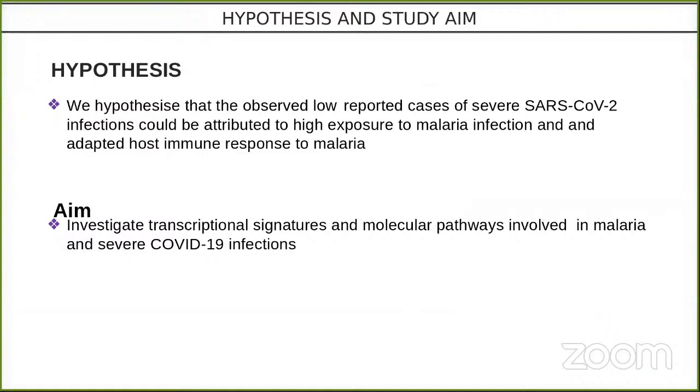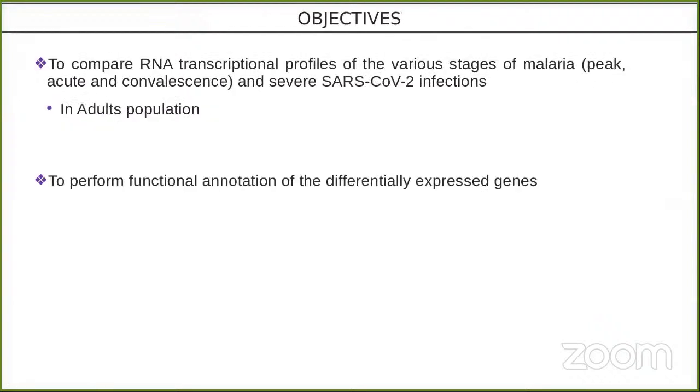For this study, our main aim is to investigate transcriptional signatures and molecular pathways involved in malaria and severe SARS-CoV-2 infections. Our first objective is to compare RNA transcriptional profiles of the various stages of malaria and SARS-CoV-2 infections in the adult population, and also to perform functional annotations of differential gene expression.